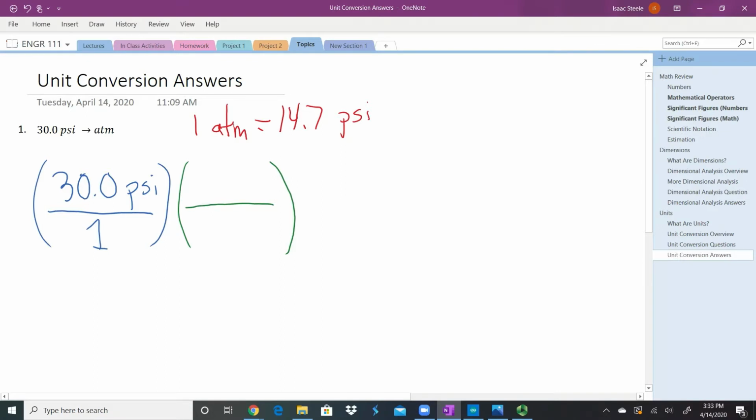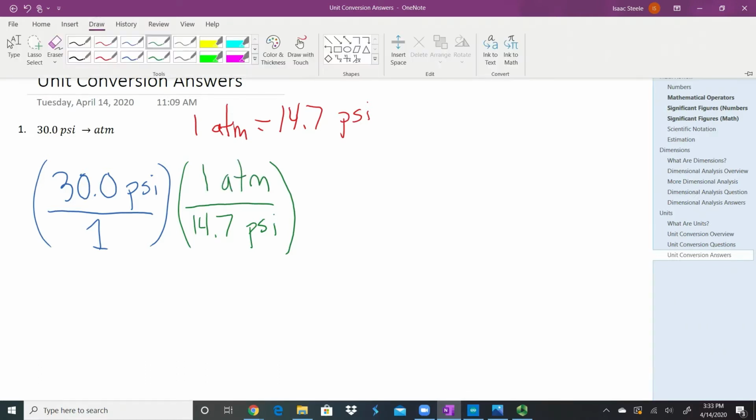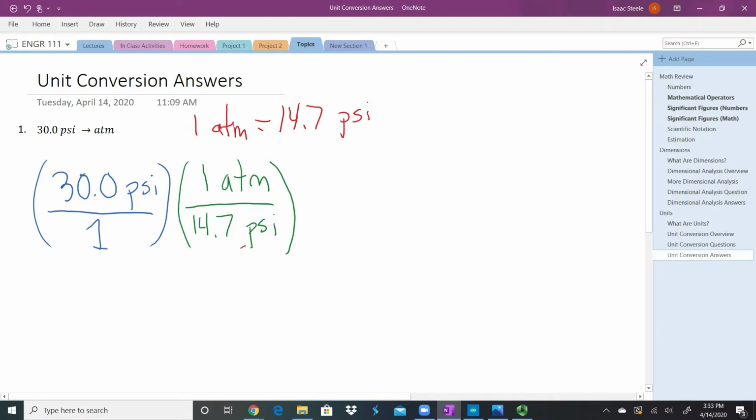If I want them to cancel out, then my PSIs have to be on opposite sides of fractions. So I'm going to put my PSI on the bottom here, which means that in this blank area, I have to put the other side of my conversion factor. So these now cancel out. This PSI cancels out with that PSI.